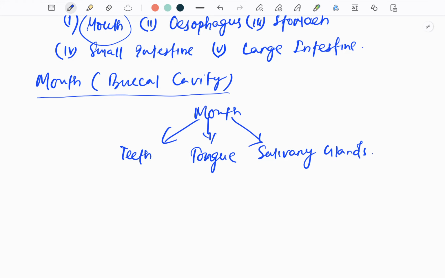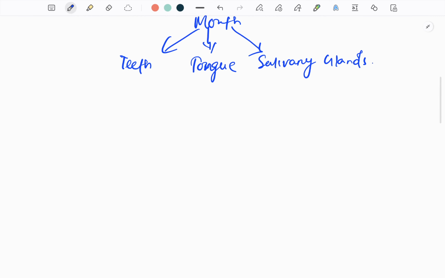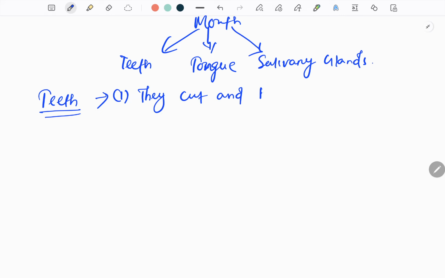Okay, so now I will discuss how teeth help in the process of digestion. Firstly, they cut and break food into smaller pieces.